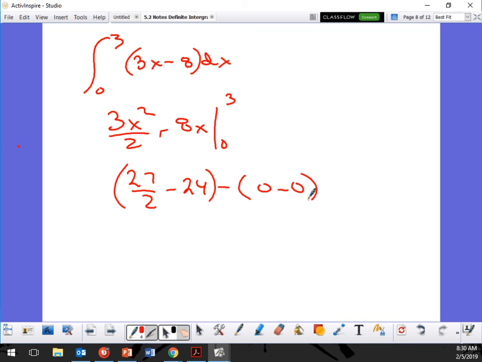What's that going to be? Negative 13.5. Negative 48 over 2, which is going to give me negative 21 over 2.